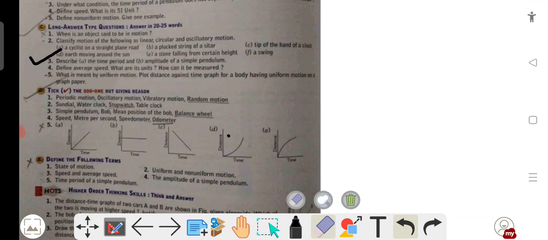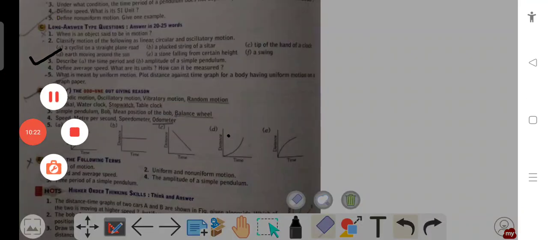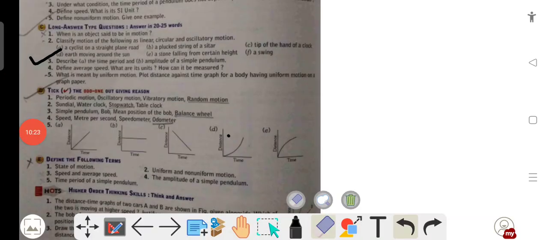Now question number E, define the following terms. Question number E1, state of motion. The objects which do not change their position with time are called in a state of rest, and the objects which change their positions with time are said to be in motion.